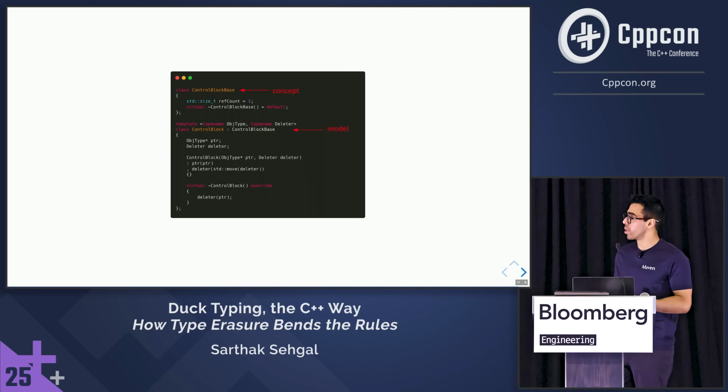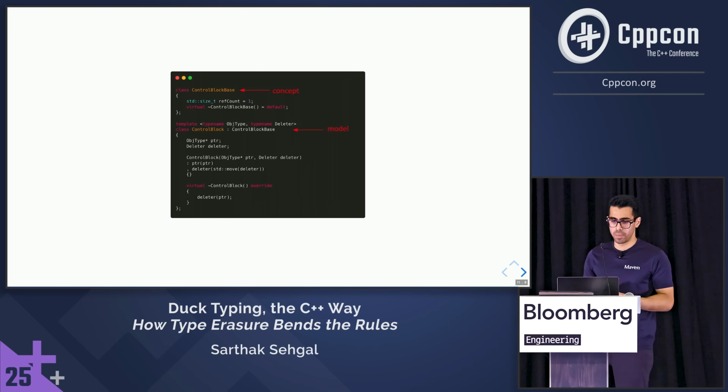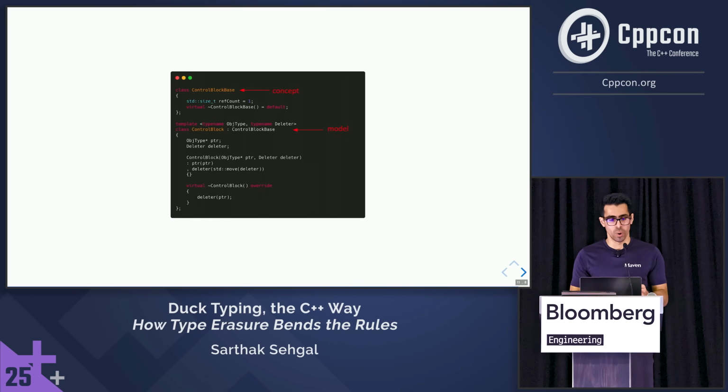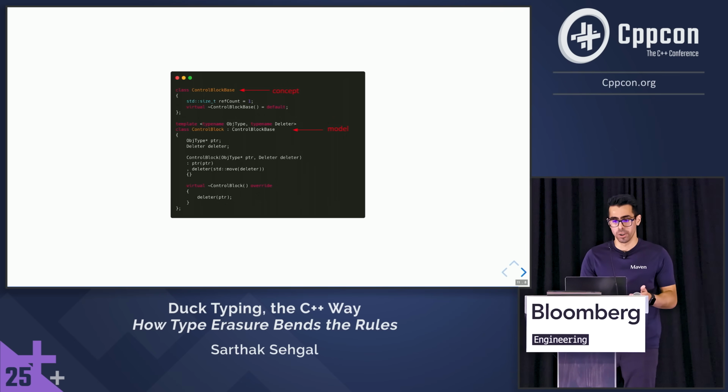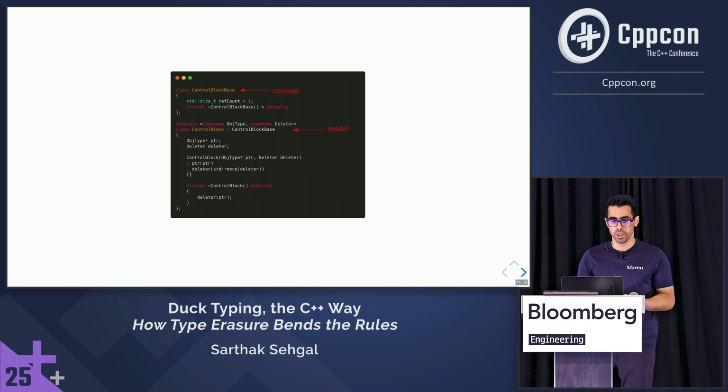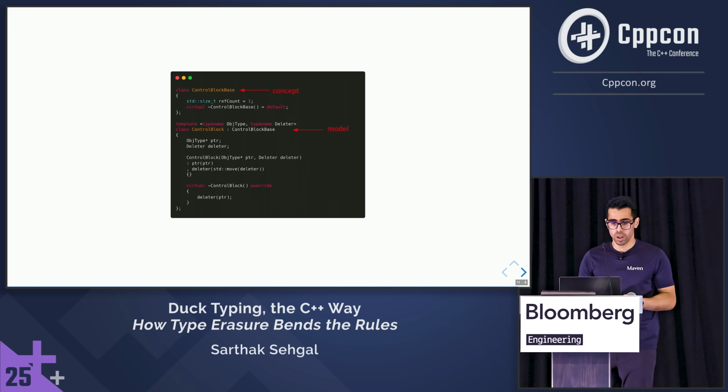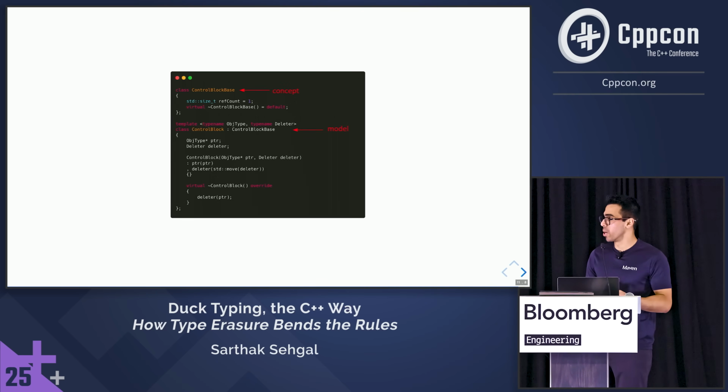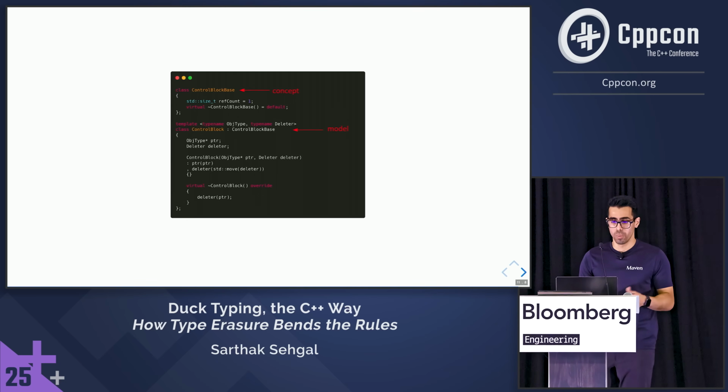And going back to the concept-model hierarchy, this is what a very simple control block would look like. There's a control block base, which is the concept. It stores the ref count, but more importantly, it has a virtual destructor. And then I have this control block, which is similar to a model which we saw previously. It's templated on the object type, type Y, and the deleter.